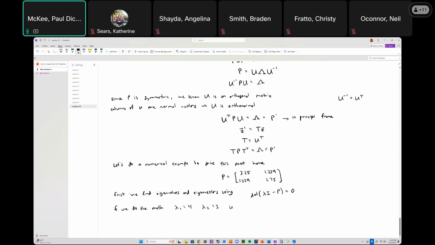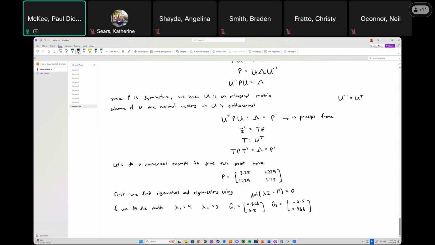And then we'll find the eigenvector 1 corresponding to the first eigenvalue is 0.866 and 0.5. Sorry, eigenvector 2 corresponding to the second eigenvalue is negative 0.5 and 0.866, which these numbers should look a little bit familiar here.